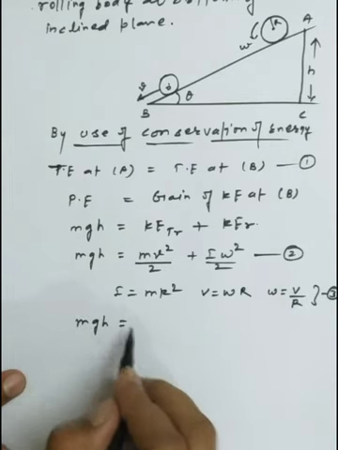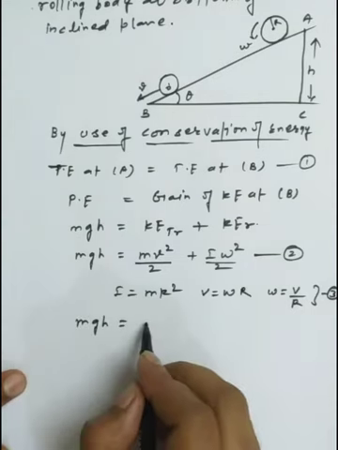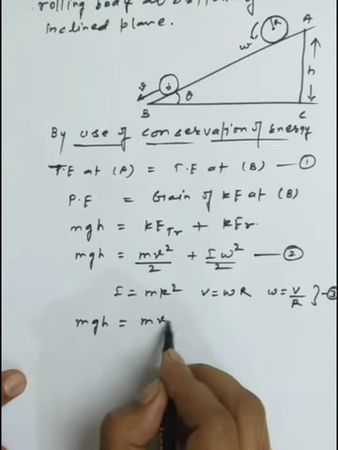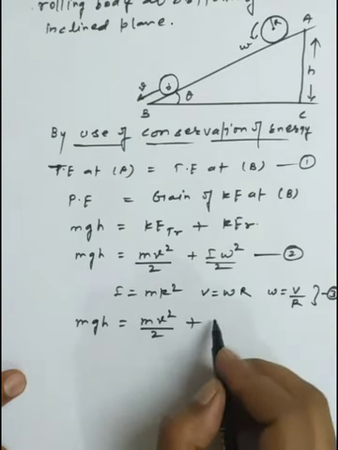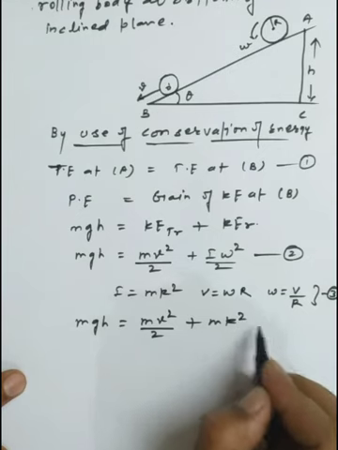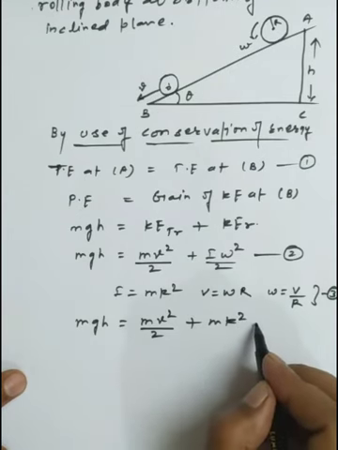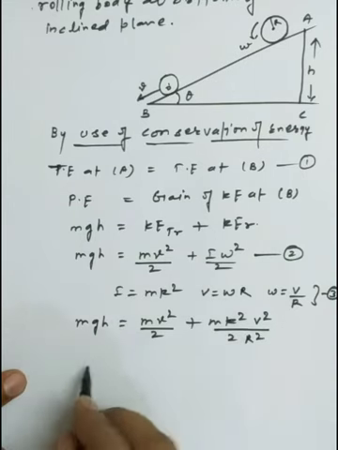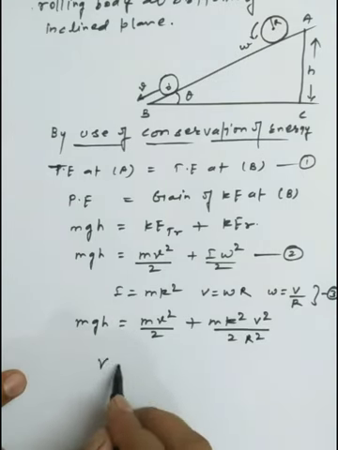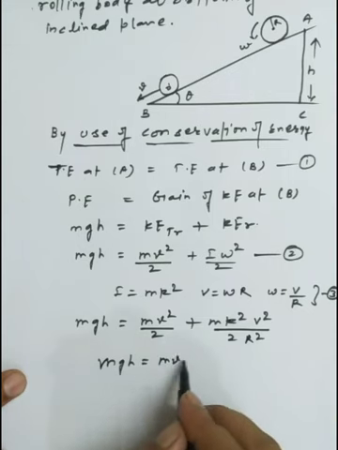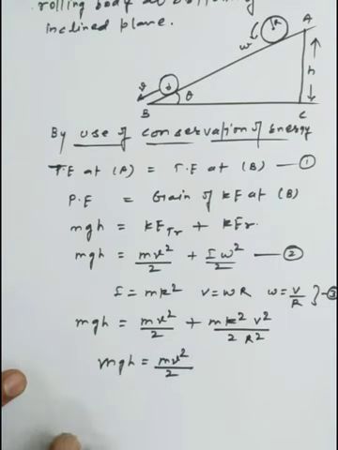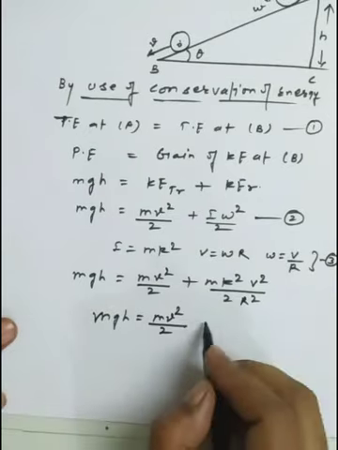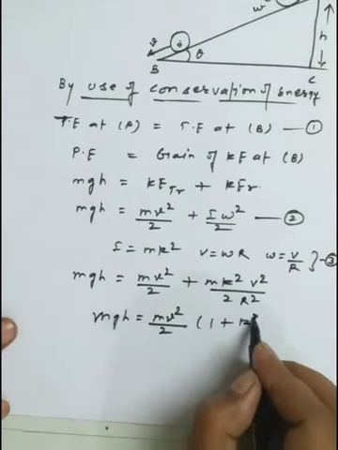Now we can consider mgh equal to half mv square plus half mk square into omega square, which is v square upon r square. Whenever we separate v, mgh equals half mv square times (1 plus k square upon r square).